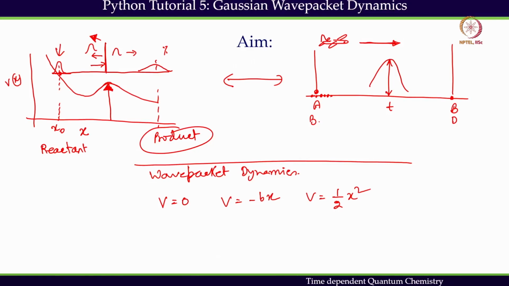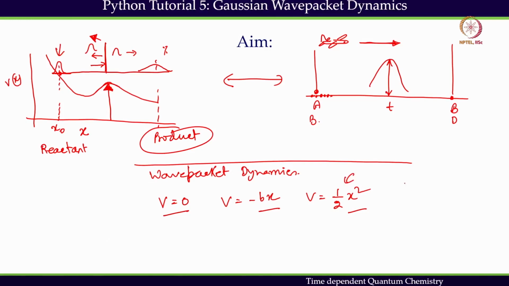But if we go beyond this quadratic potential or linear potential or zero potential, you need to solve it numerically. In practical situations we do not get a linear potential, we do not even get a quadratic potential.